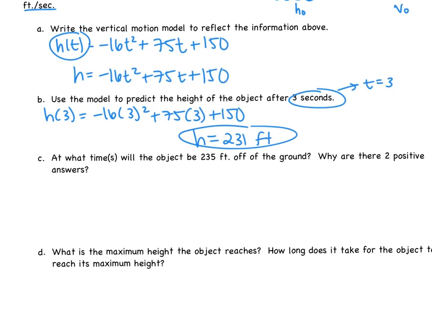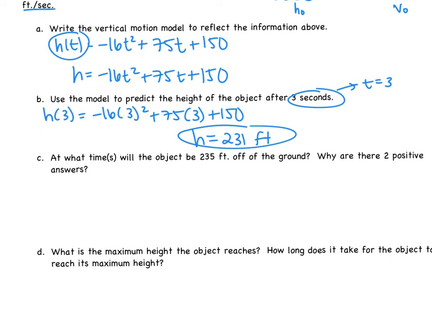Okay, so moving on, if we look at part C, at what time or times will the object be 235 feet off of the ground? Why are there 2 positive answers? Okay, so at what times, that's telling us that we're looking for t. 235 feet off the ground is the h.